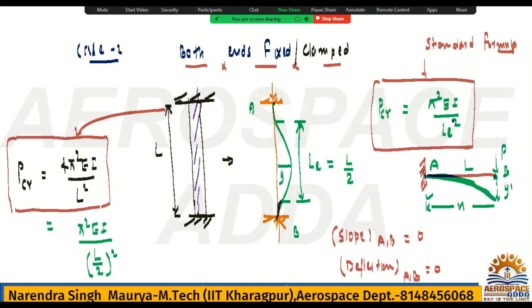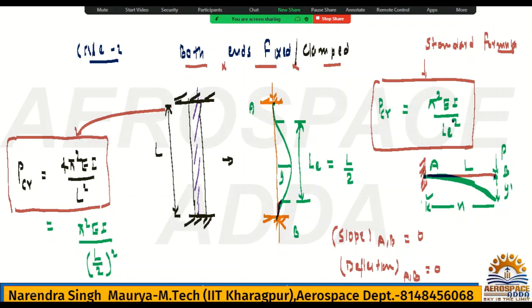Yes, sir, got it. Sir, at the free point, deflection will be there at the free end, and slope will also be there. Yes. But if you are talking about the maximum deflection, if you remember that analysis I had given, if deflection is maximum, then the slope will be 0.